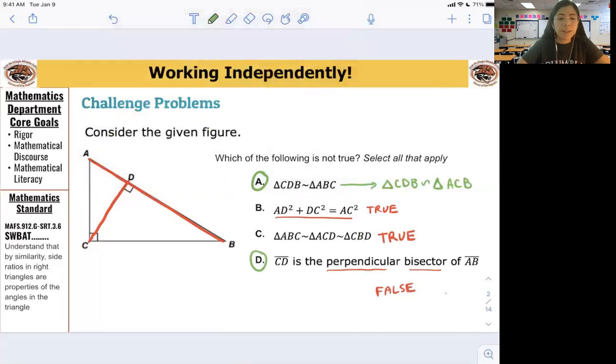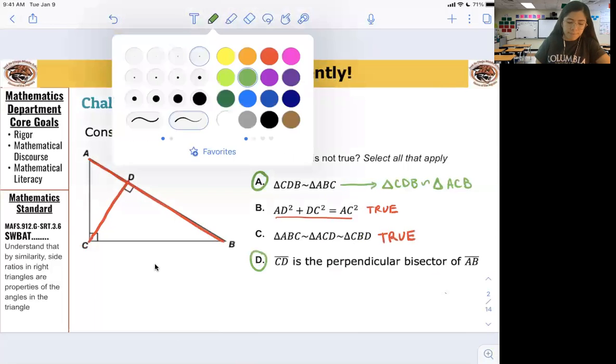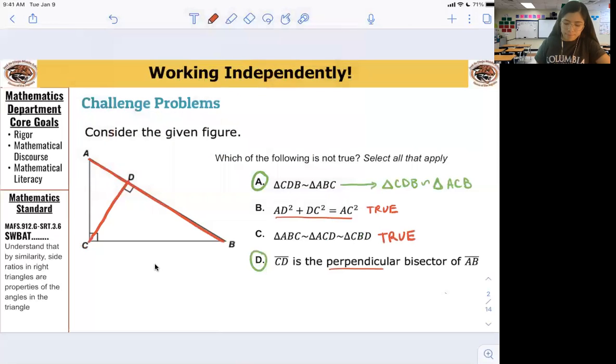It's not the perpendicular bisector, but does anybody remember what it is? We did cover this. It might be somewhere in your notes. It's not the angle bisector because angle C was not cut in half either.